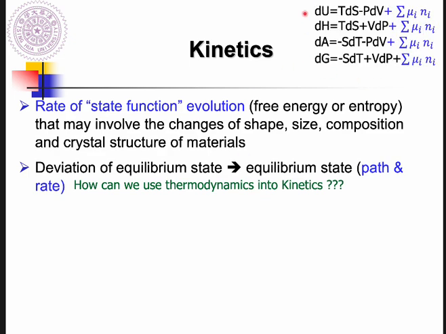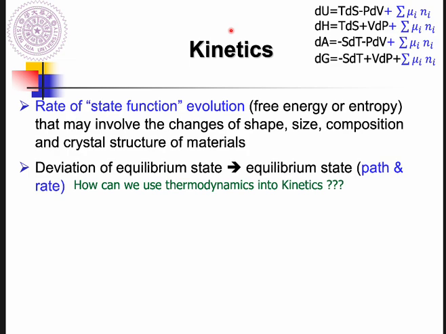So I would say we are going to use the thermodynamics rules you derived in thermodynamics to estimate the kinetics process. But how can we use these equations, these energy state functions derived in thermodynamics, in kinetics? How can we do that?